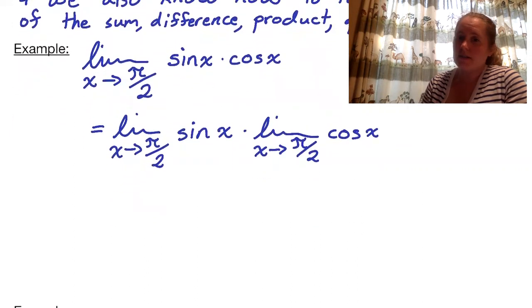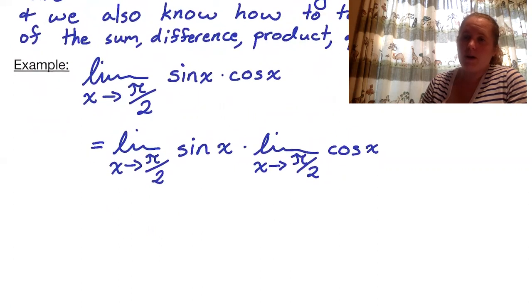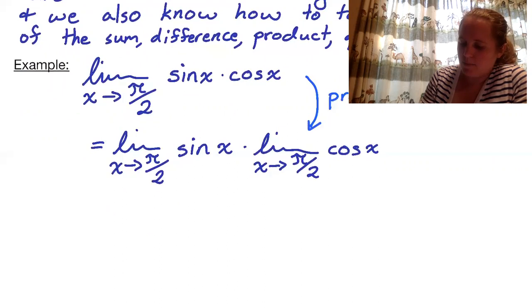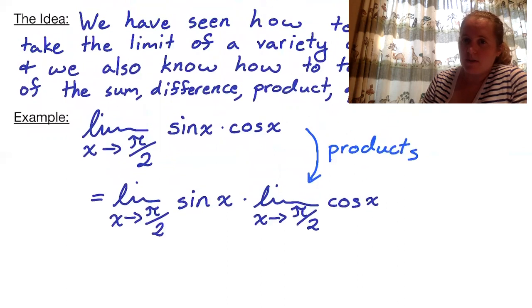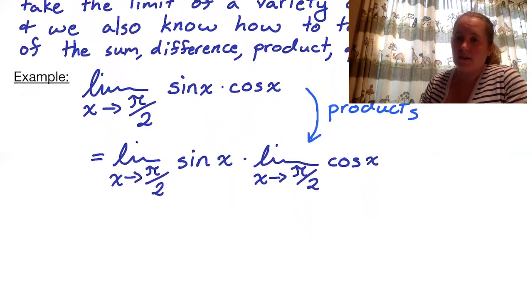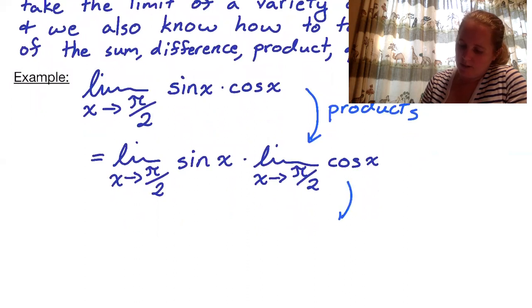And then each of these limits, we know that we can just plug in for our trig functions. So again, this first one here, we were using the fact that we can split limits across products. And then here, we know that these are just special limits we can just evaluate.